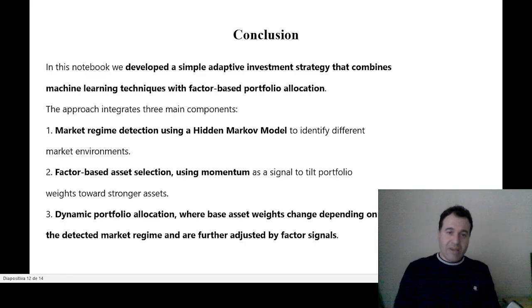The approach integrates three main components: market regime detection using a Hidden Markov Model to identify different market environments, factor-based asset selection using momentum as a signal to tilt portfolio weights toward stronger assets, and dynamic portfolio allocation, where base asset weights change depending on the detected market regime and are further adjusted by factor signals.